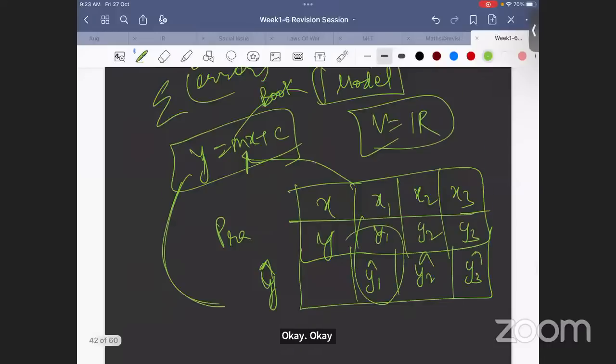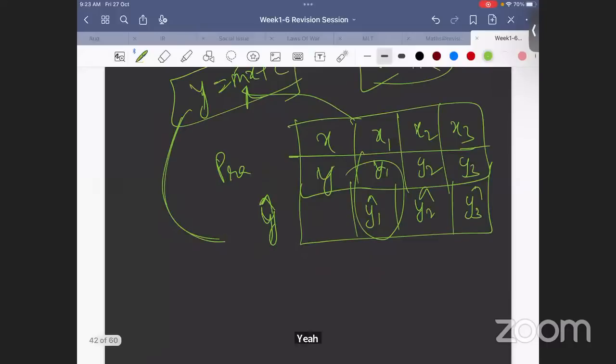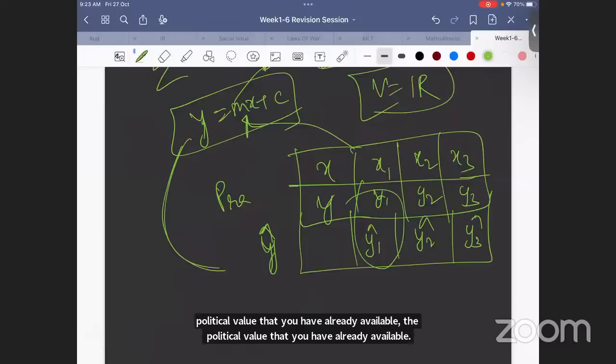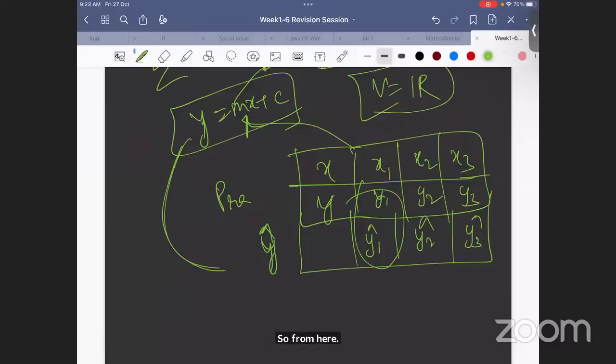There will be a slight difference between the two, the experimental value and the bookish, theoretical value.